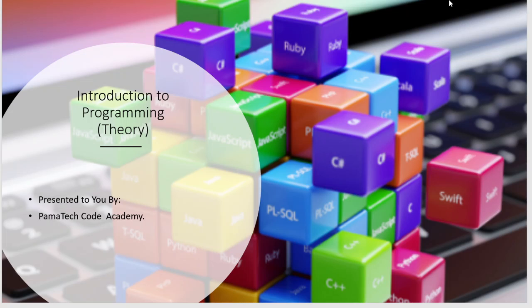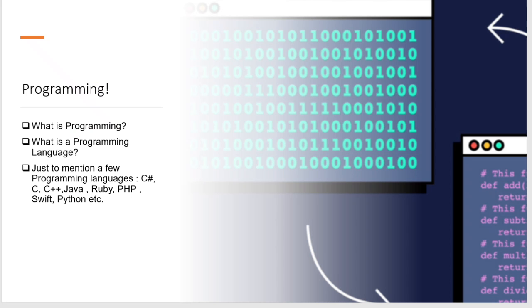Now, I know most of us have heard some basic terms like programming, programming language, and all that. So I want to give a short explanation on these terms just to give more insight again. Basically, a computer program is a set of instructions that is executed by a computer to accomplish a particular task.